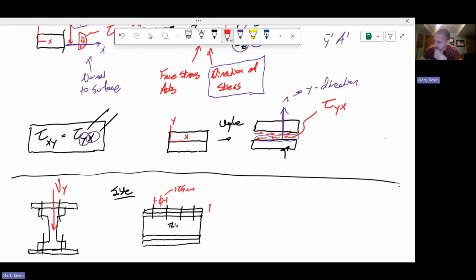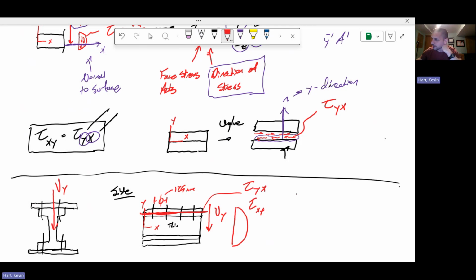Now, when I apply a load here, a Vy, what's going to happen is a shear is going to develop inside of this cross section. This is your tau x, y. Remember, we have an x, y coordinate system here. It's not exactly the shape because the cross section varies, but let's just go with this for now. Tau x, y. But also, what's happening is that there's a shear between the plate on top and your I-beam that is the same.